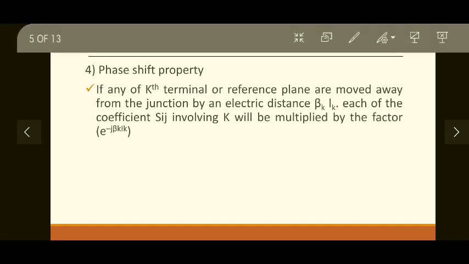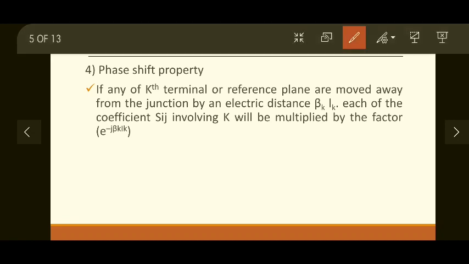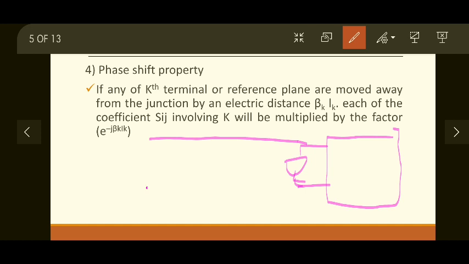Let's consider a two-port network. Here usually there are two terminals where we apply the input signal. Now if we move this away from the network, physically away from the network, and put it here, how would it affect the S parameters of the network?